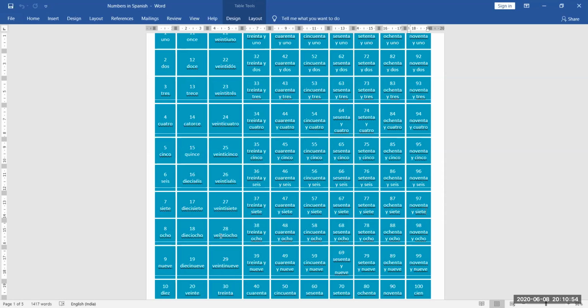Great. Now, in the same flow, give it a shot for 11. Once. Go ahead. 11 is once. Okay. So, try to pronounce it as two different syllables.